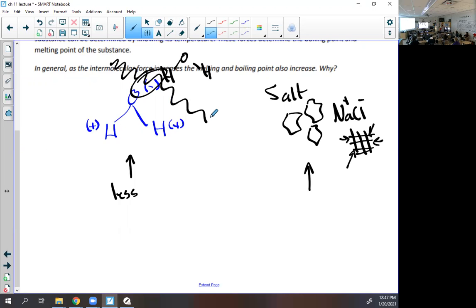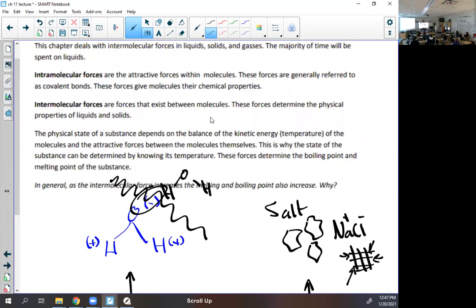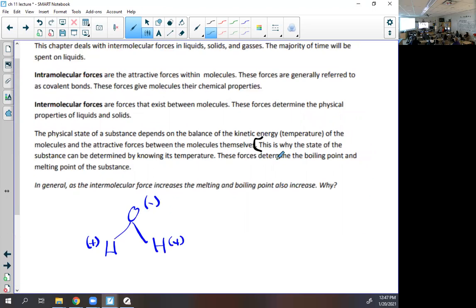So it's all a balance between these two things and being able to explain them. This is why the state of a substance can be determined by knowing its temperature. Every single substance out there will have a certain energy at which it becomes a liquid, where we've given it enough energy that the intermolecular forces are broken a little bit, and now they interact, but not a ton.